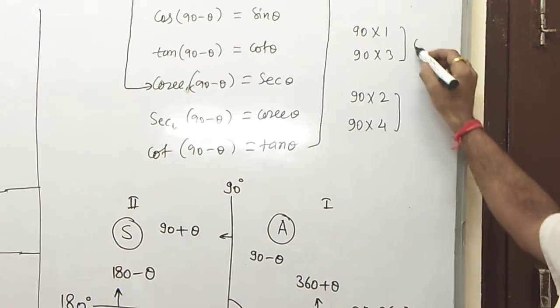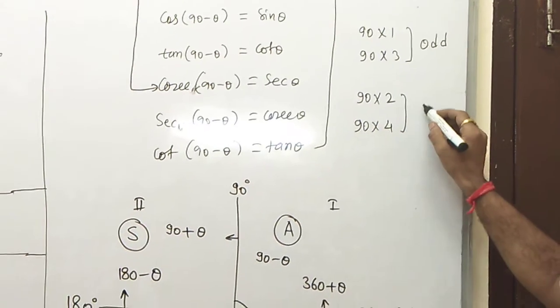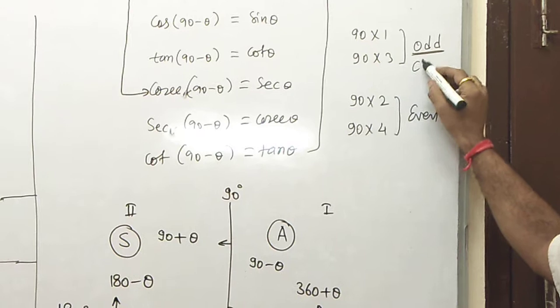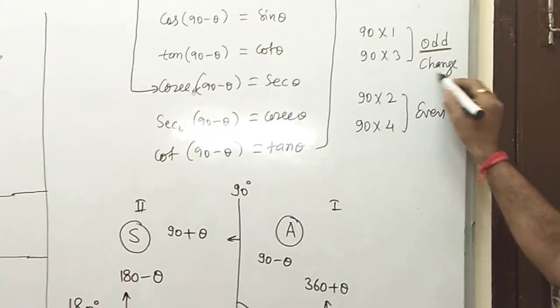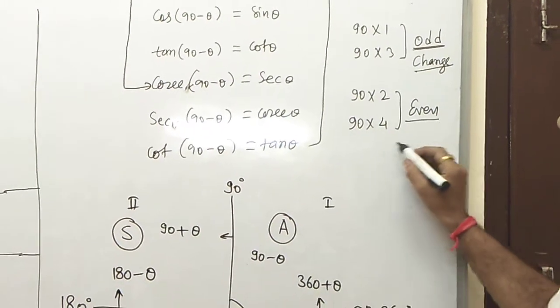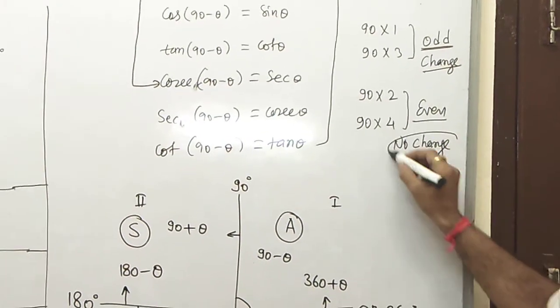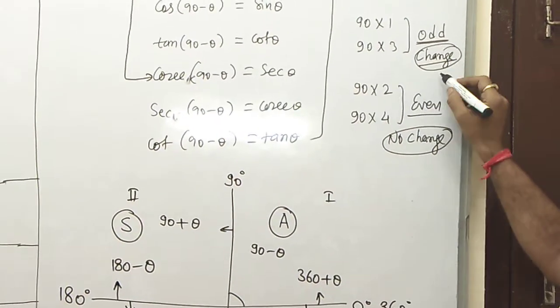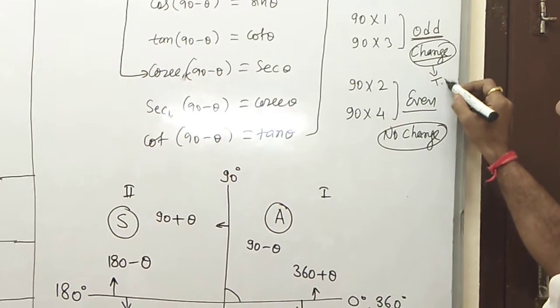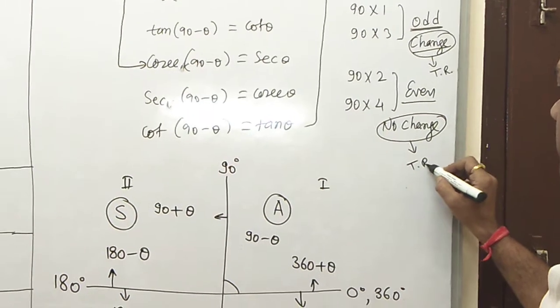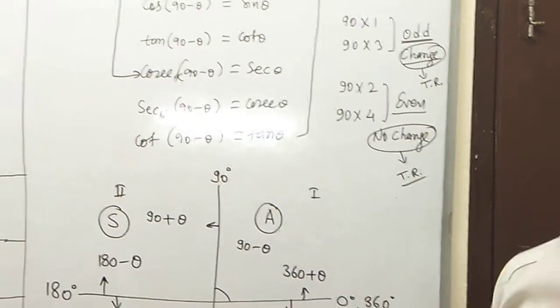Okay, this is the odd multiples and this is the even multiples. Odd multiples always change and even multiples, no change. This change or no change is related with the trigonometrical ratio, not with the sign.